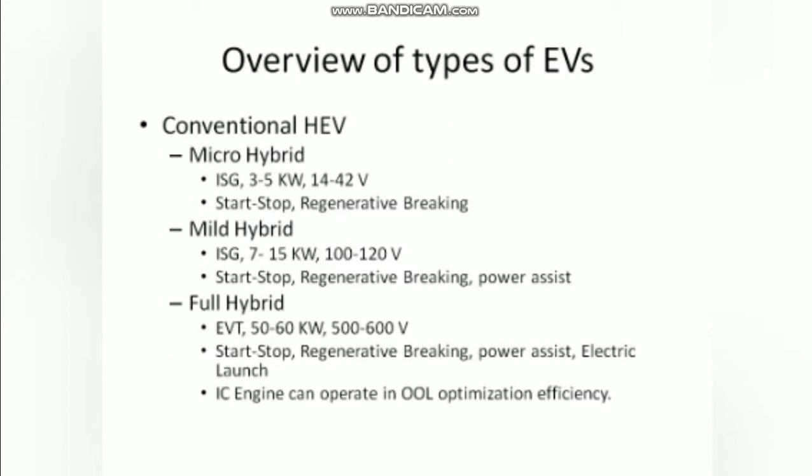Among the different types of conventional HEVs, the micro hybrid, mild hybrid and full hybrid offer different types of capabilities to the system. In a micro hybrid, an ISG of around 3 to 5 kilowatts with a system voltage of 14 to 42 volts is used. Generally, it can be seen in small motorbikes. The ISG supports not only the starting of the IC engine, it can also support the stopping of the IC engine when the vehicle is at rest.